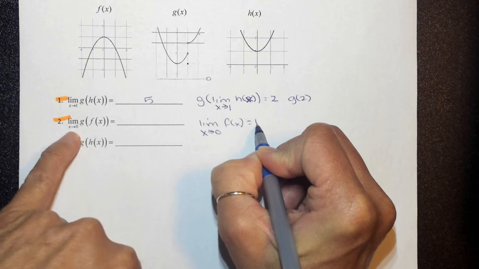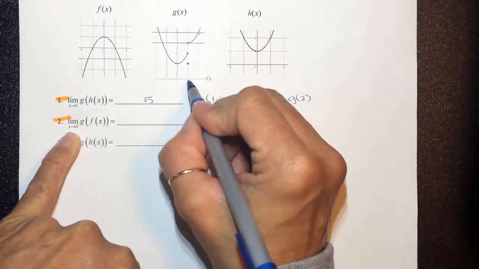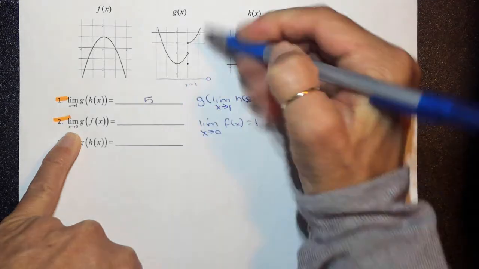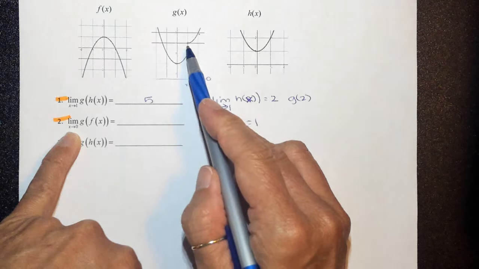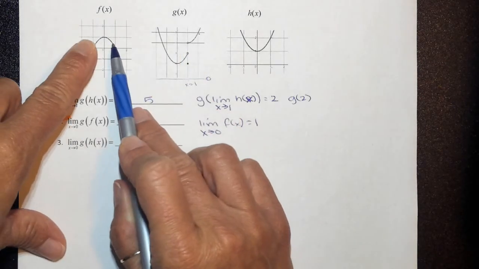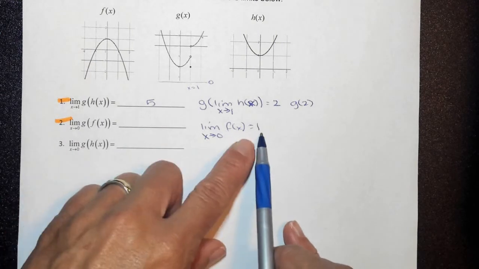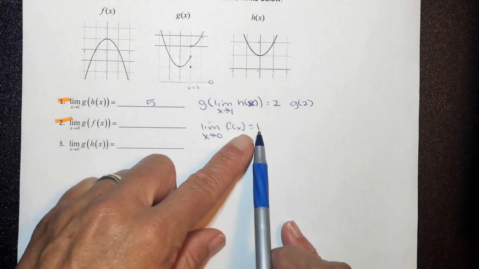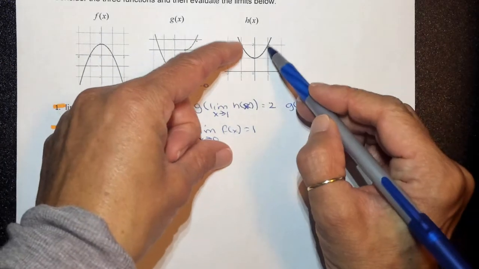So then when I take a look at what's happening, this function g of x, this is where x is equal to 1. This function is not defined here. You notice you have a jump. So when that happens, you have to look at the pattern of the inside function, meaning as you approach and get the value for this limit, you need to see, are the values coming from below or are they coming from above?